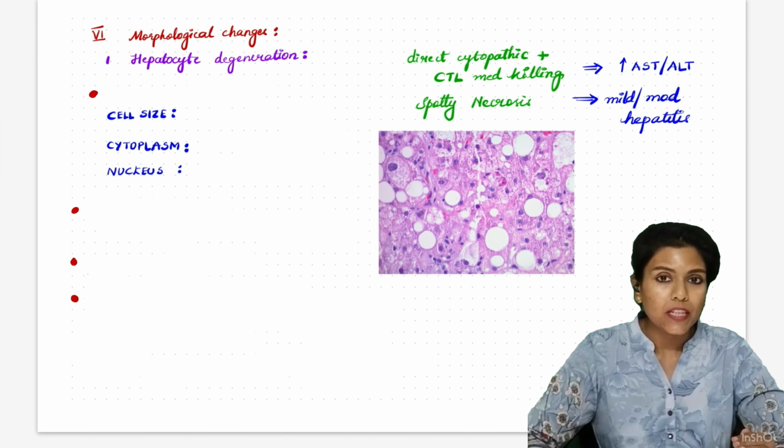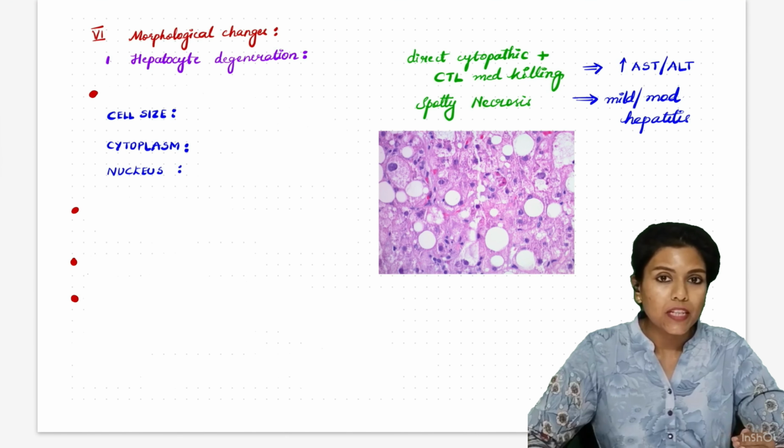Next, when we see the lobular changes in hepatitis, we come to spotty necrosis. Spotty means a single hepatocyte undergoing necrosis. So it is characteristic of acute viral hepatitis, and that too mild hepatitis. For example, consider this hepatic lobule.